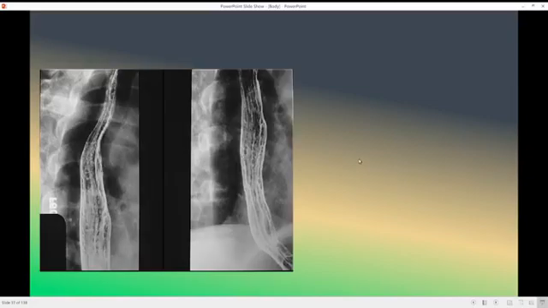What do you think the patient has? The previous case is biliary hamartomas, and the next case is esophagitis.